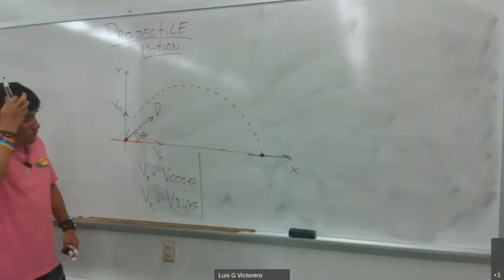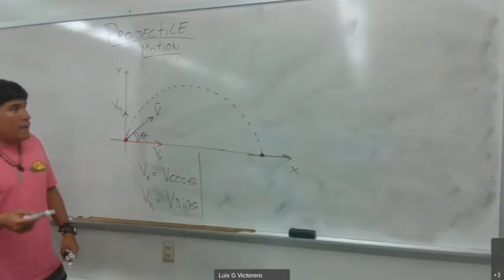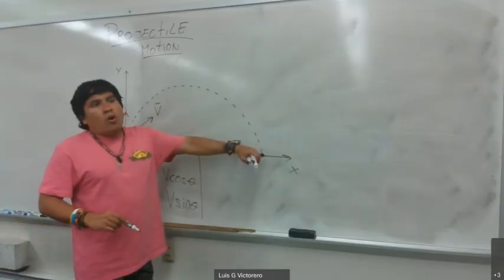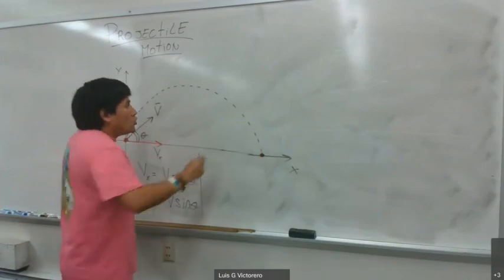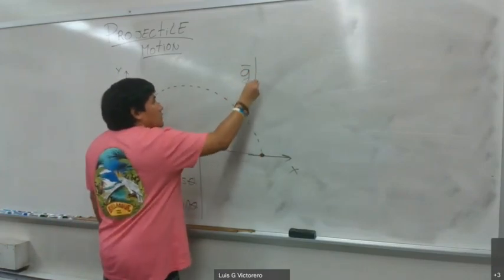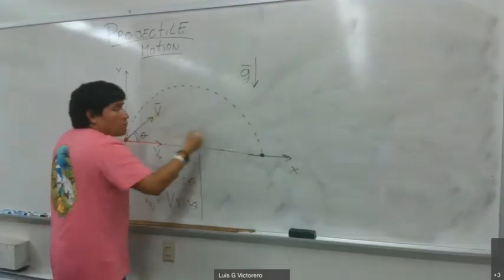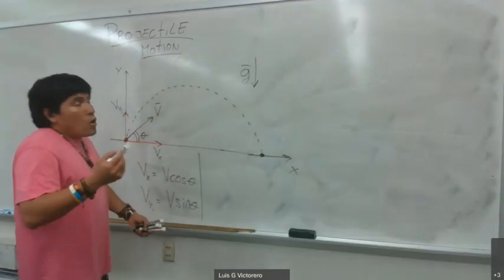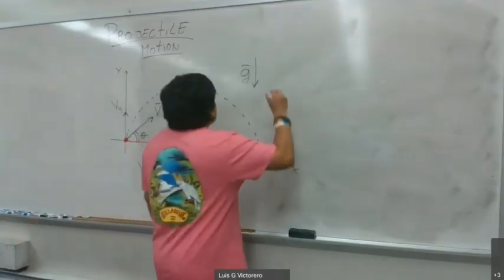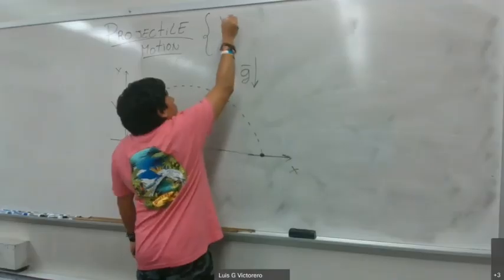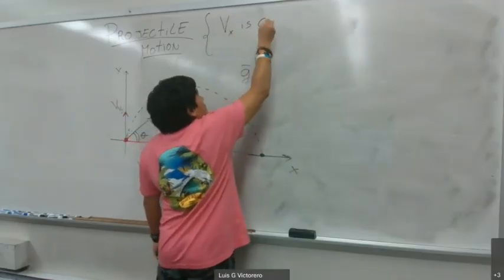Now, why is Vx just Vx, not Vxi? Because we are going to assume that the object only experiences acceleration due to gravity as it goes up and then down. So on the x-axis, we're neglecting air resistance. So we put here V on x is constant.